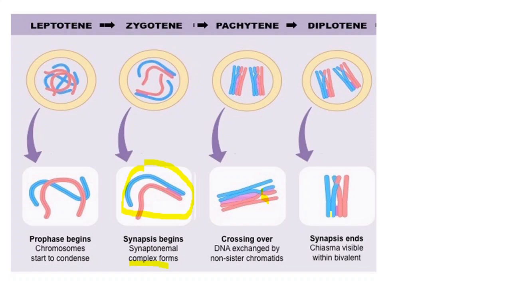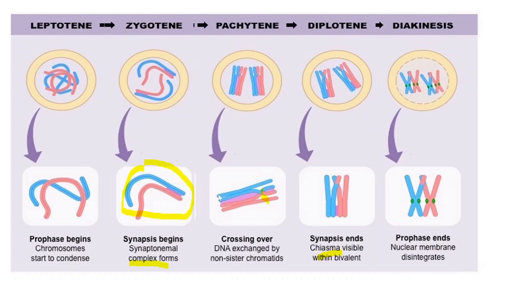Otherwise, such crossing overs will occur at many different points. Here synapsis ends, and the chiasma is visible within the bivalent. Now what is this chiasma? This X-shaped structure is known as chiasma. So it is visible. Synapsis ends here, and that means even the crossing over has ended.